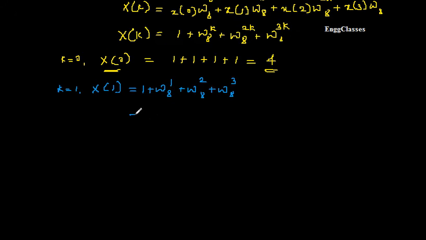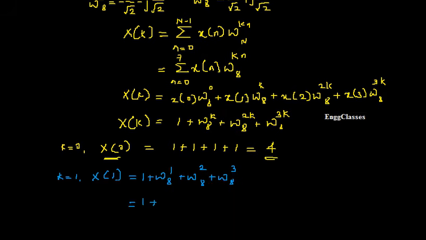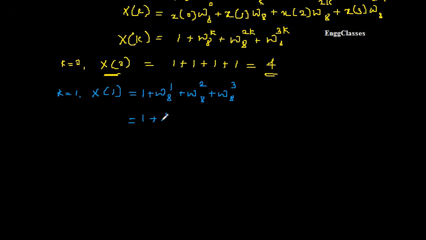Now I need to put the values for twiddle factors. This is 1 plus W8 to the power 1. Go up and check, W8 to the power 1 is 1 by root 2 minus j 1 by root 2. So I'm going to put 1 by root 2 minus j 1 by root 2, plus W8 to the power 2. W8 to the power 2 is minus j, and W8 to the power 3.